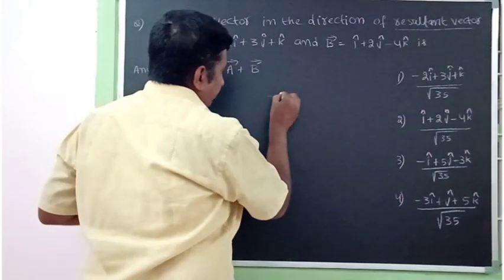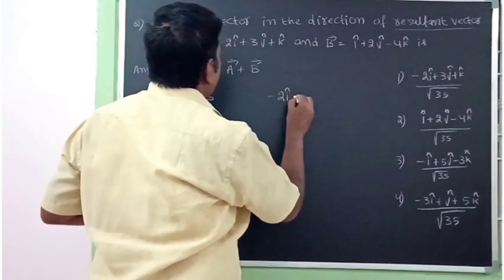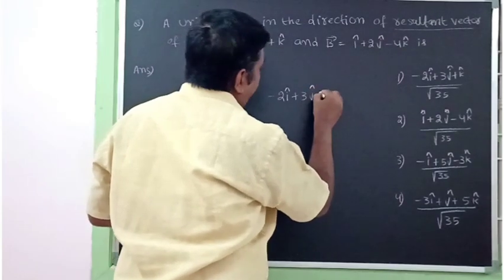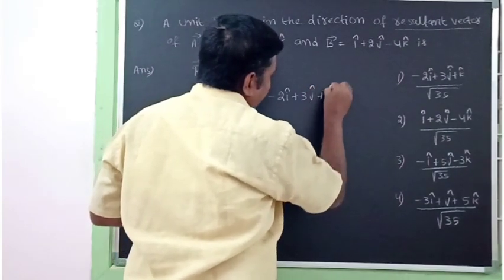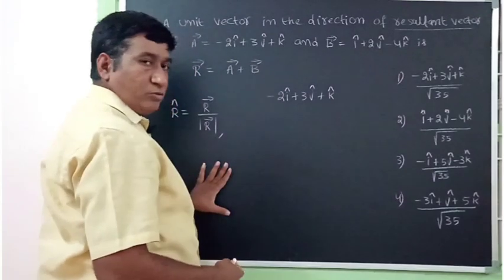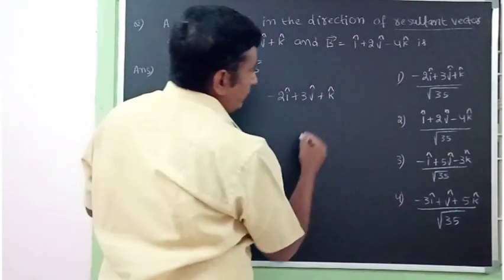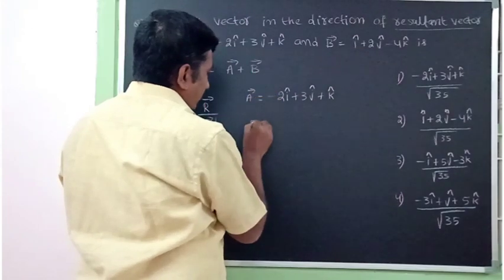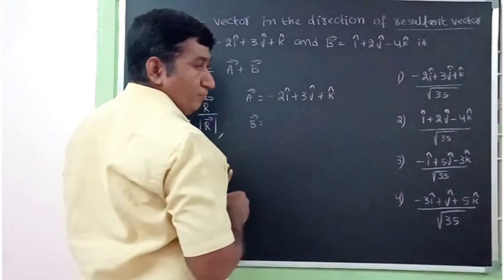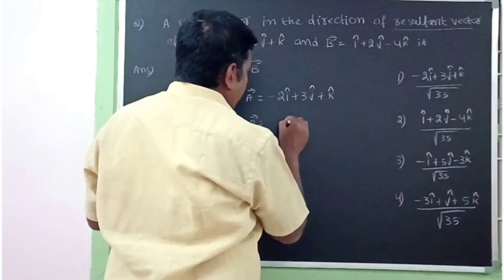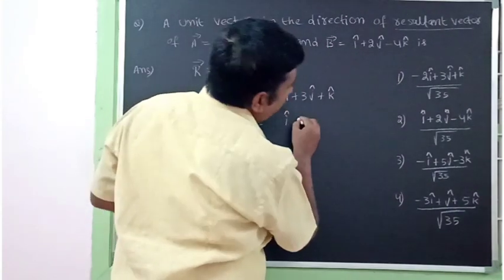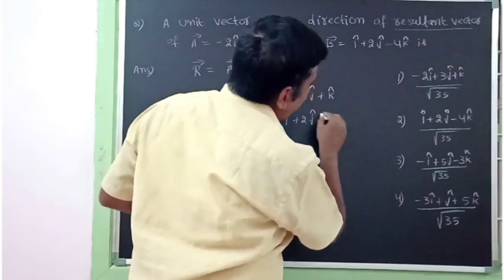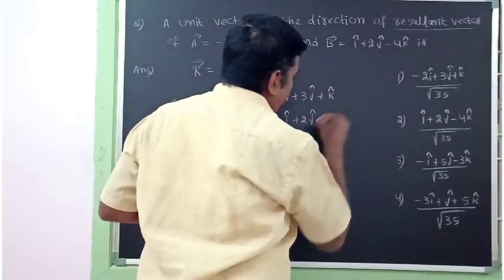So A vector is minus 2i cap plus 3j cap plus 4k cap. If you want, you can write it this side also, or you can write it at the bottom. So I am writing this as A vector. Next, B vector is nothing but i cap plus 2j cap minus 4k cap.